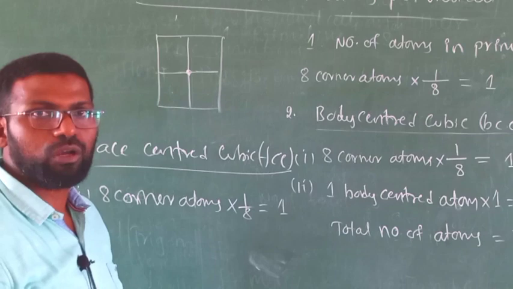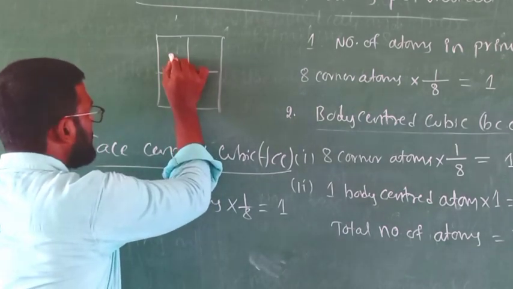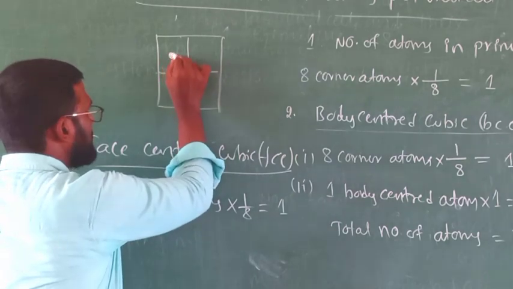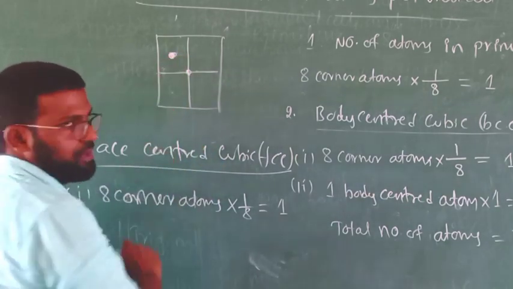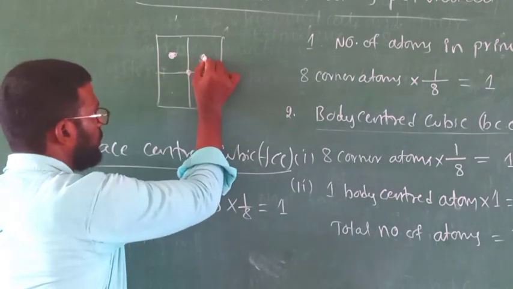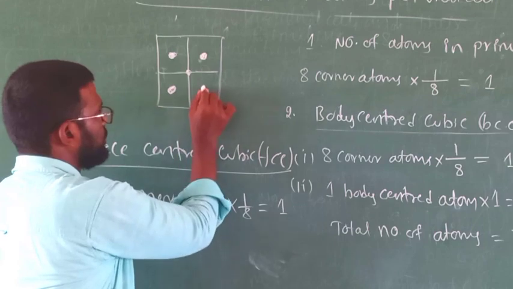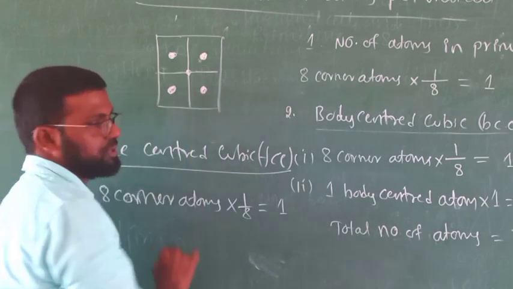For instance, let us consider one unit cell with one atom on the face of this unit cell. Let us consider one more atom on the face of this unit cell, and one more on this one.